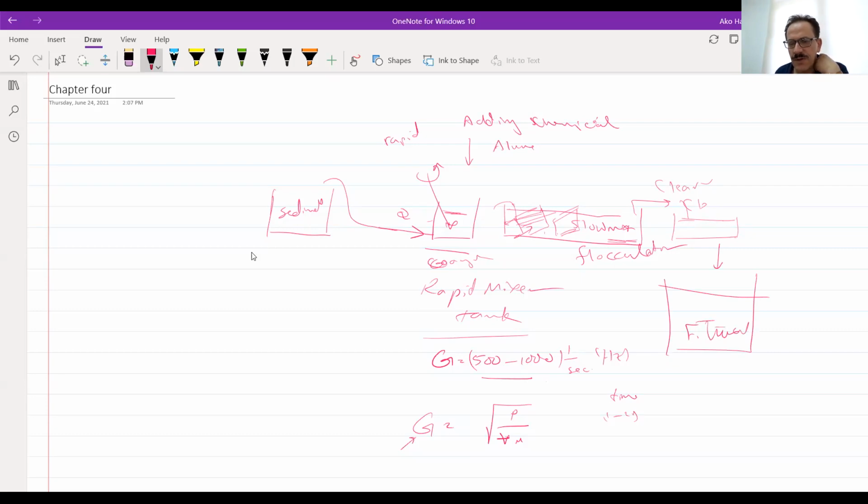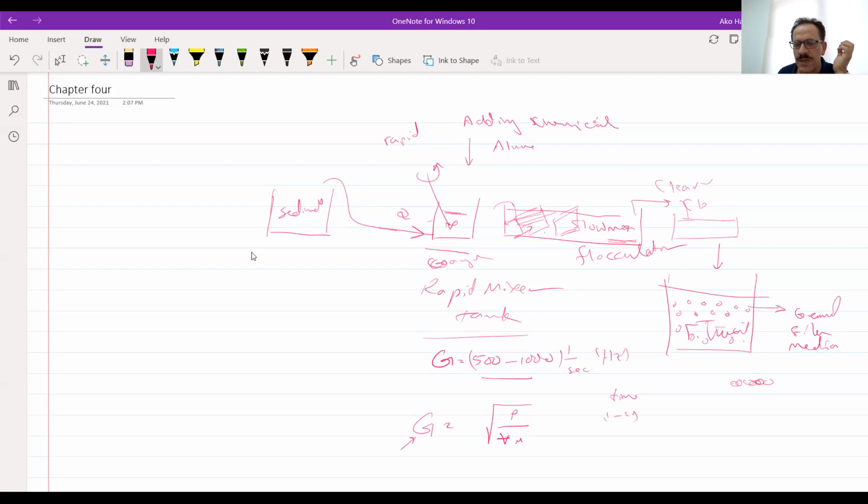Filtration is the process where we have filter media, and I think you know about the filter media. It's called granular filter media. Basically, it's a layer of sand and gravel, but not ordinary gravel.